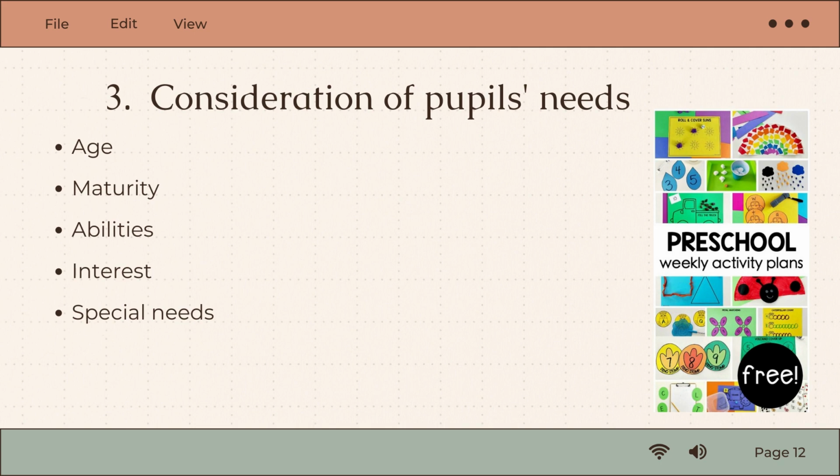So the third one is consideration of pupils' needs. In considering pupils' needs, we have to really learn how to consider their needs before making a timetable. So here are the following to be considered: age.